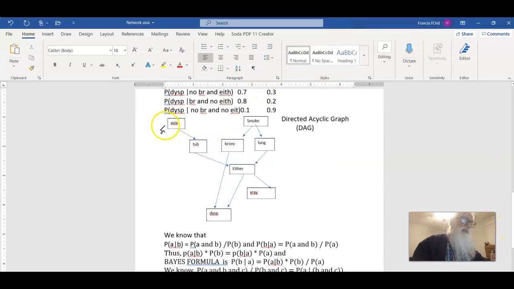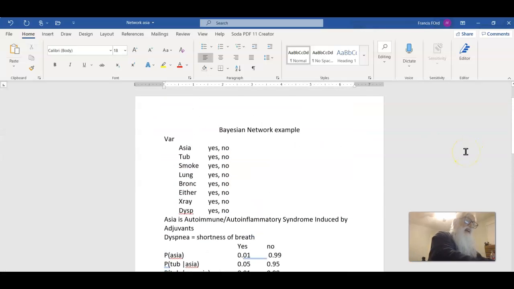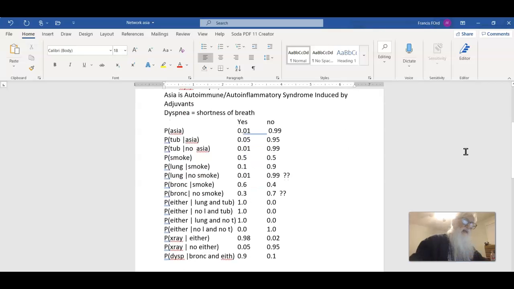Tuberculosis depends on Asia. So we have to set up a conditional table for tuberculosis based on Asia. Tuberculosis given Asia, tuberculosis given no Asia.